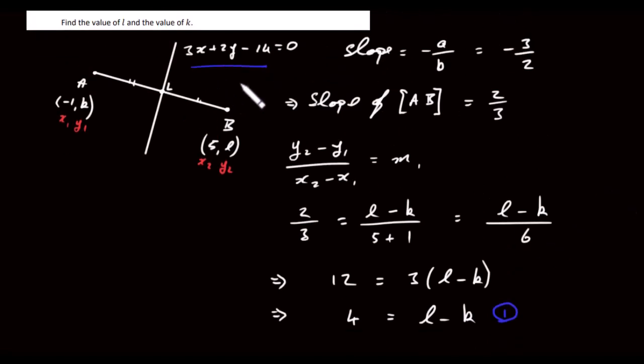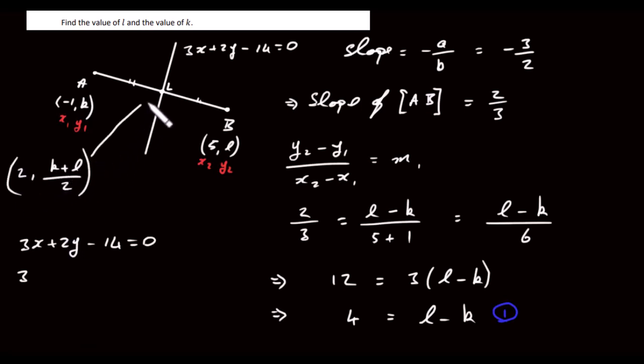Well, we have this equation here, and we know that this point here is on this line. And we do know what this point is in terms of L and k. We worked that out previously. So let's write all that down. We have 3x plus 2y minus 14 is equal to 0. So we know the midpoint here is (2, (k plus L) over 2).